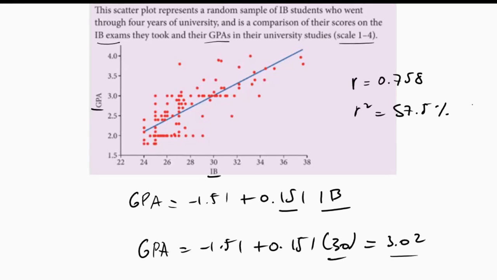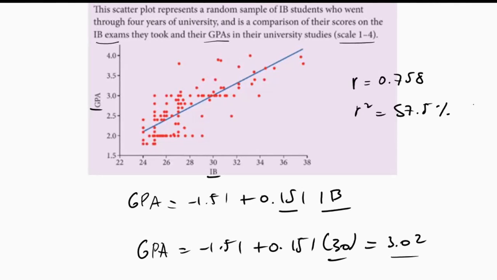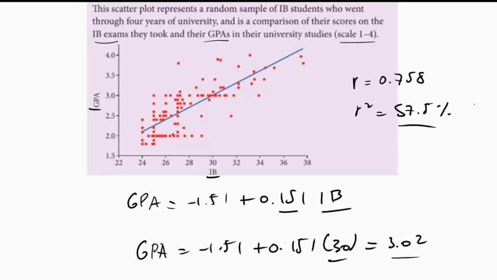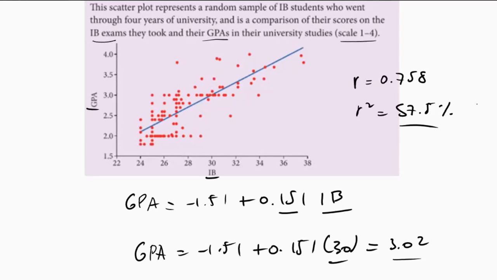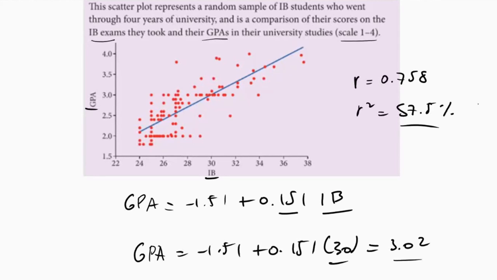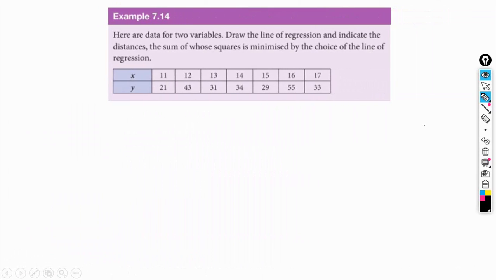So what it means is that the changes in the IB score may help us explain 57.5% of the variation in the GPA. Now, this does not mean that high IB scores will cause high university grades, but it helps predict the future university grades.